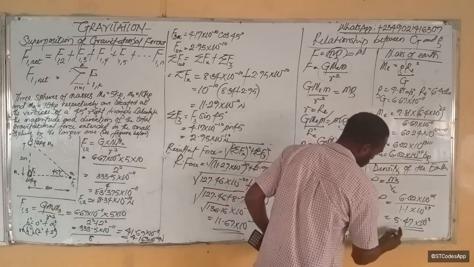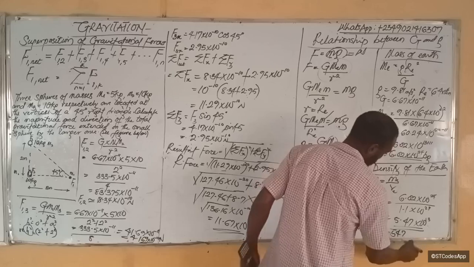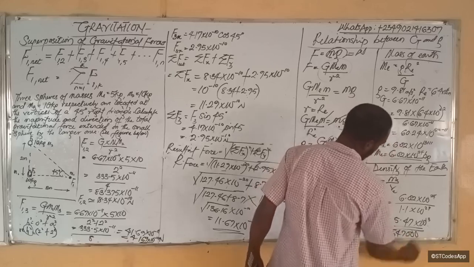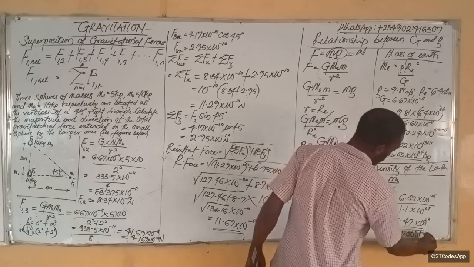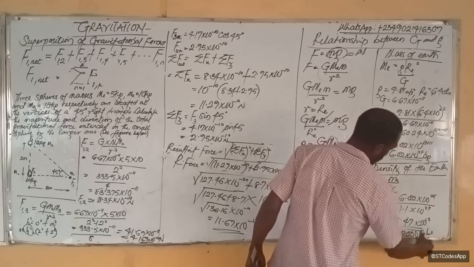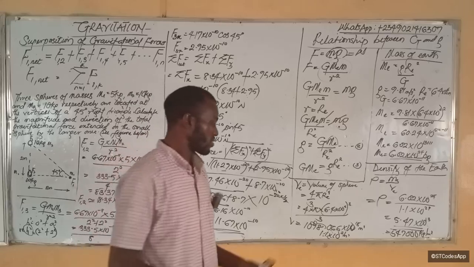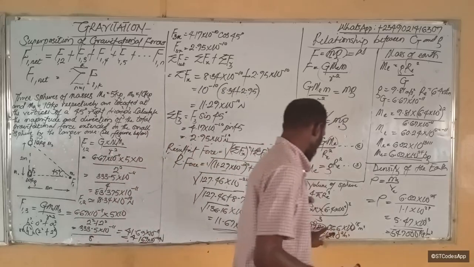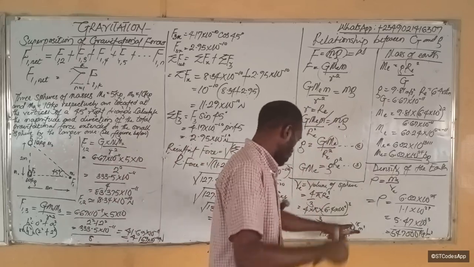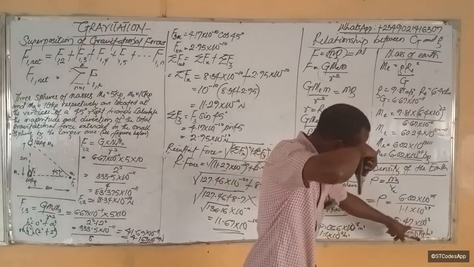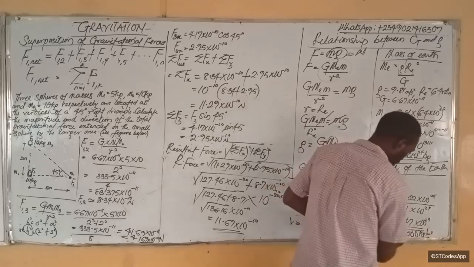That is 547,000 kilograms per meter cube. That's the approximate density of the Earth. Let's see that well, 1, 2, 3. Okay, 21, 3, sorry, times 10 to the power 3.